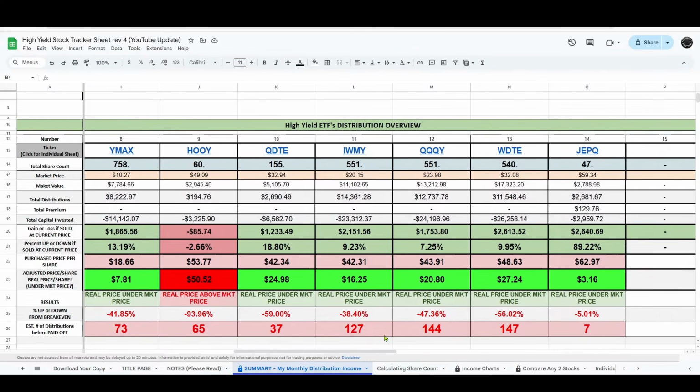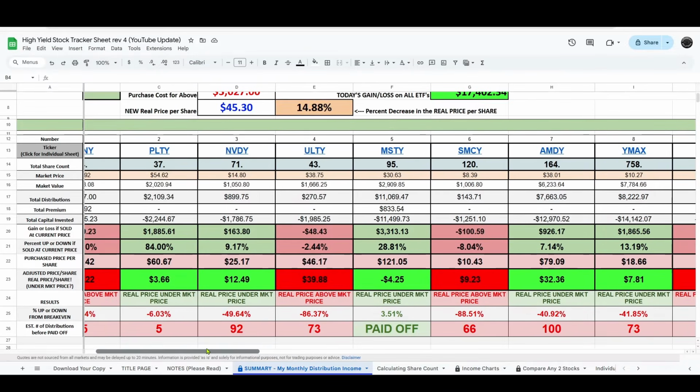As you can see, I am up on quite a few of the other ones. Actually, 10 of the 14 I am up. And that means if I were to sell all my shares at the current price, I would make money on that deal. For JEPQ, I'm 89% up, WDTE 9%, IWMY 9%, QDTE 18%, and so forth, right?